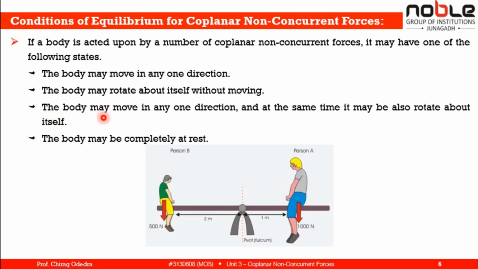Third, the body may move in one direction and at the same time it may also rotate about itself. And last, the body may be completely at rest. So for better understanding, we have given four different states which we will discuss here.